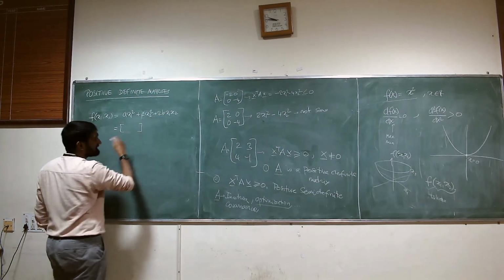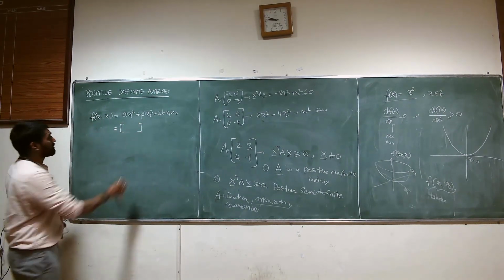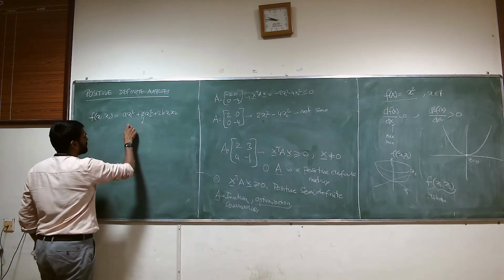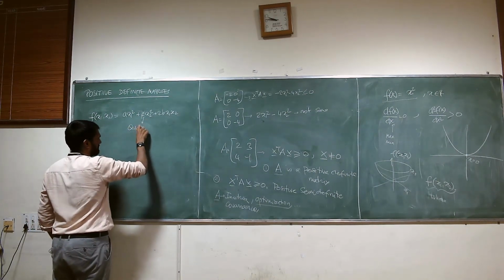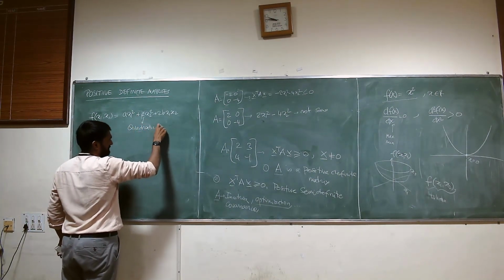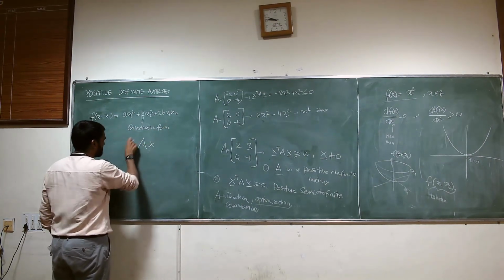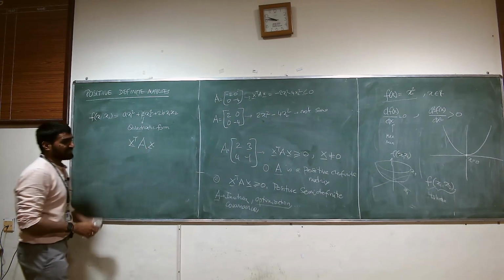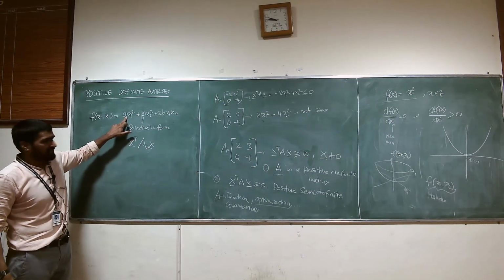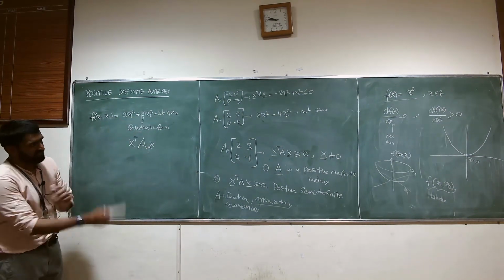Can you write this expression in a quadratic form? That means you have to choose your A appropriately so that it comes out to this expression. You can do that as an exercise today. We'll meet tomorrow.